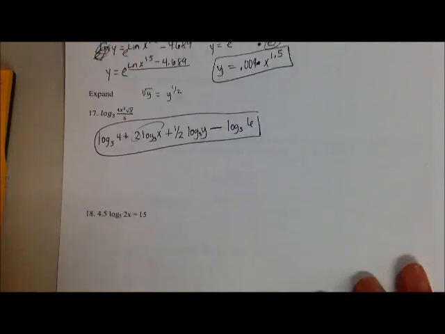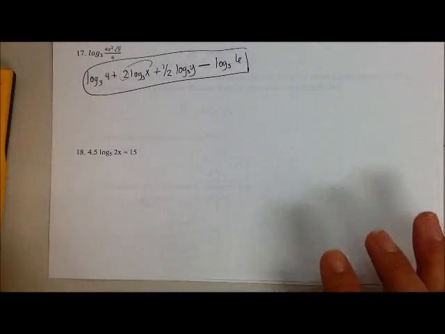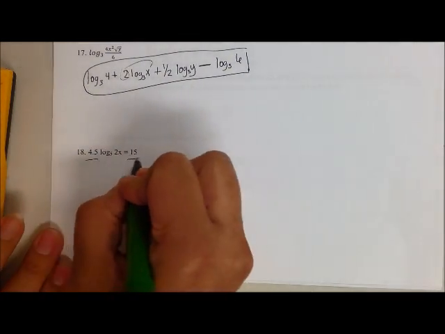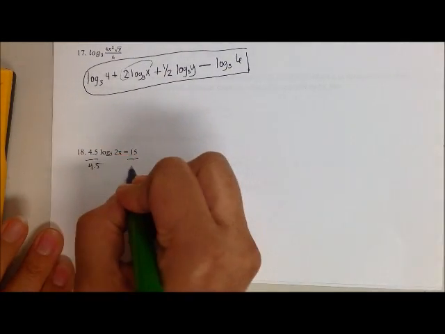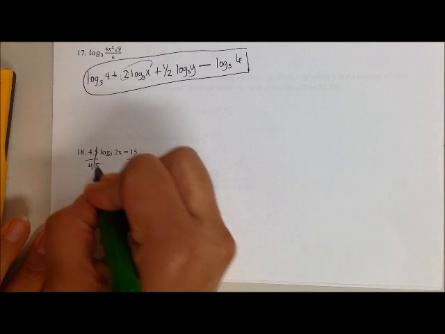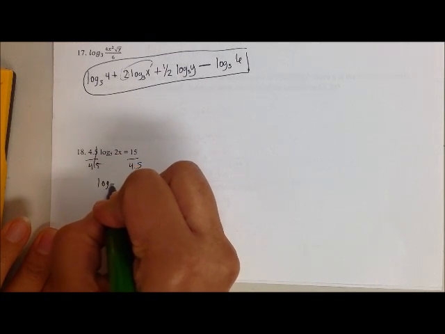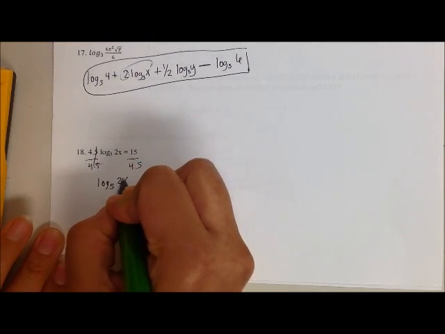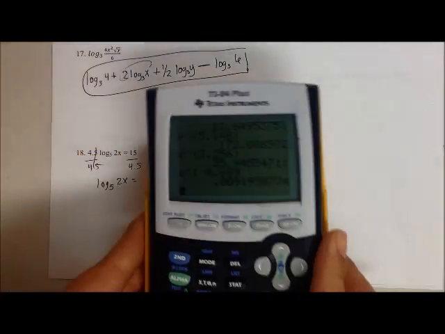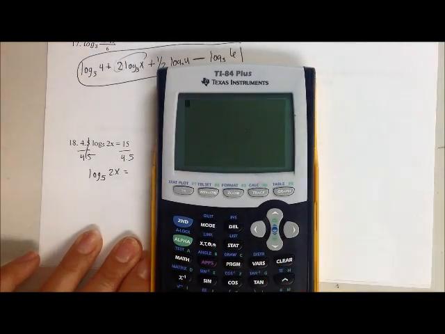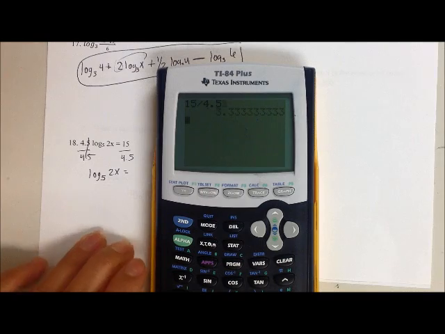Number 18. First thing we do is divide by 4.5, divide by 4.5, log base 5 of 2x equals 15 divided by 4.5. It gives you a big decimal. Math, enter, enter.